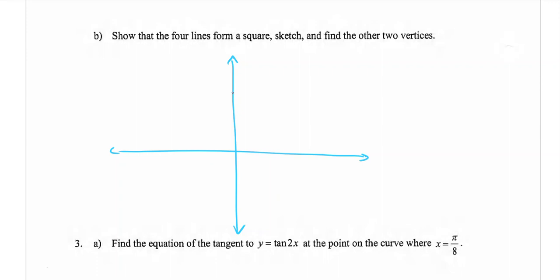There's my y-intercept. With a gradient of 1, what would the value be there on my x-axis? Yes, good, -pi on 2. And that would be the equation of the first tangent that I found.